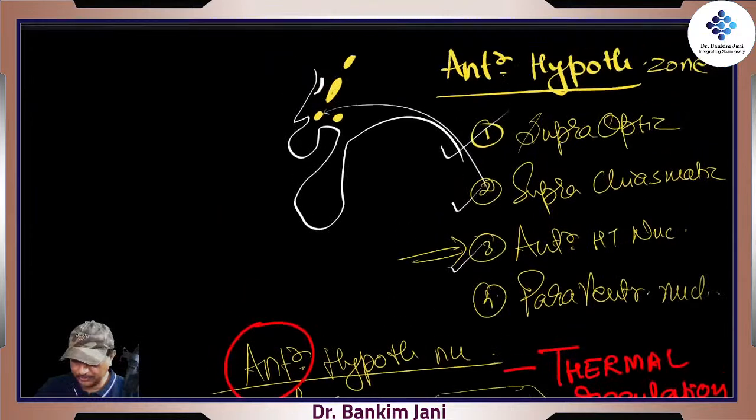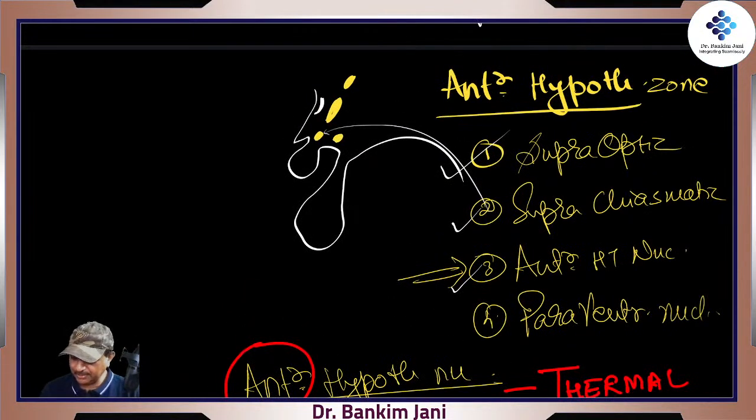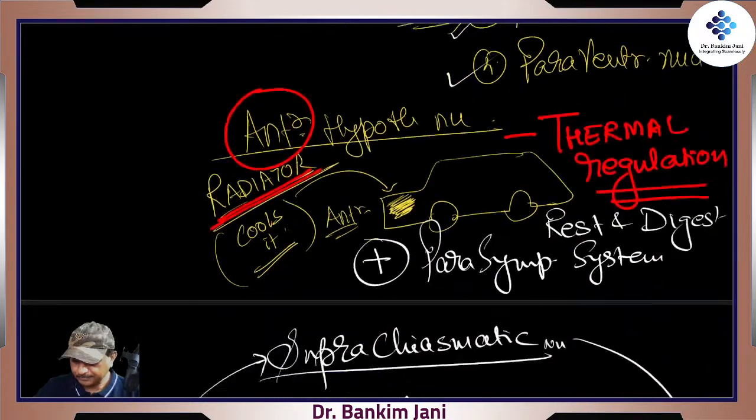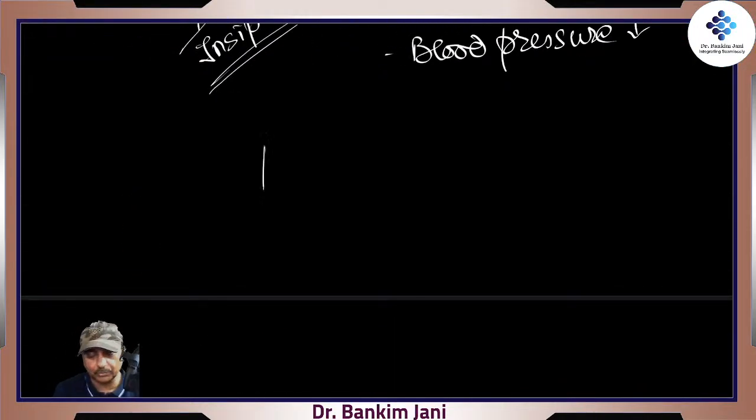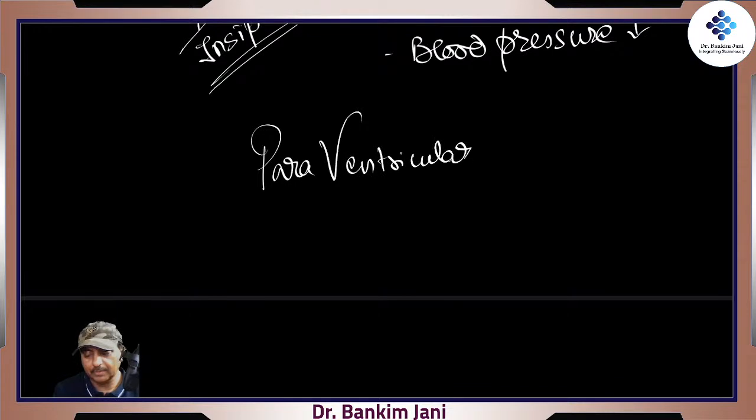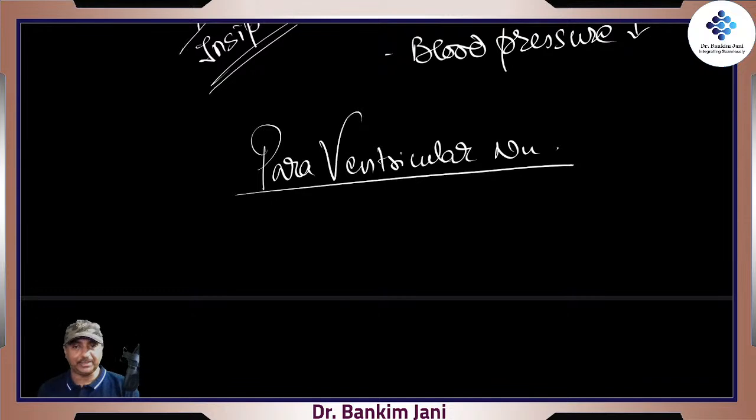So this one is down, three down. The last one is the paraventricular nucleus, the fourth one. Don't confuse it with periventricular, which was inside, right?